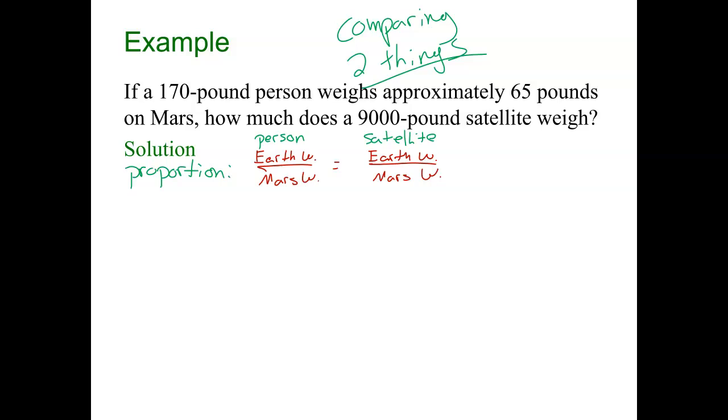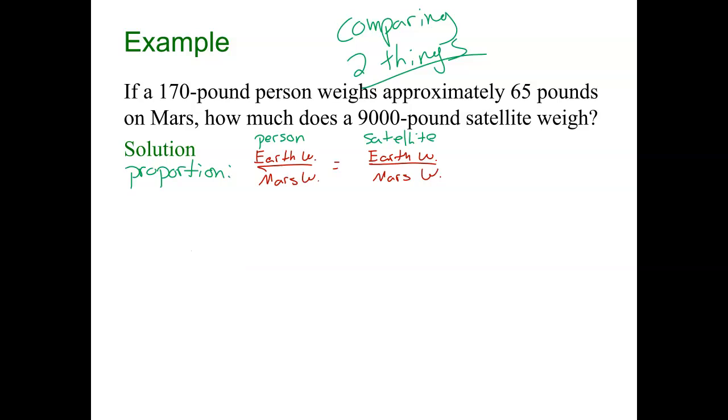If your numerator was Mars weight, then it'd have to be the same on both. You can't flip it. So, for example, if I had Earth weight over Mars weight, that would not equal Mars weight over Earth weight. Okay? Because now you've got the units switched. So it has to be consistent. Numerators should match. Denominators should match. Okay? So keep that in mind when you're writing the proportion.